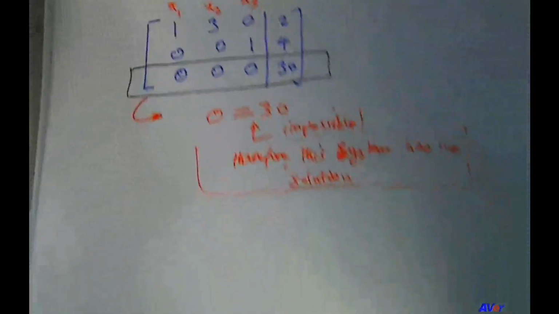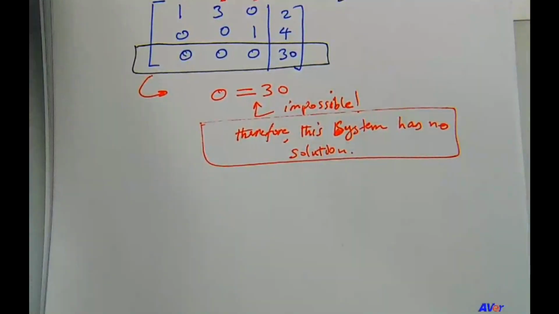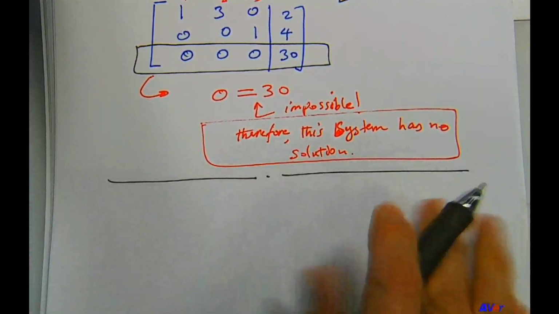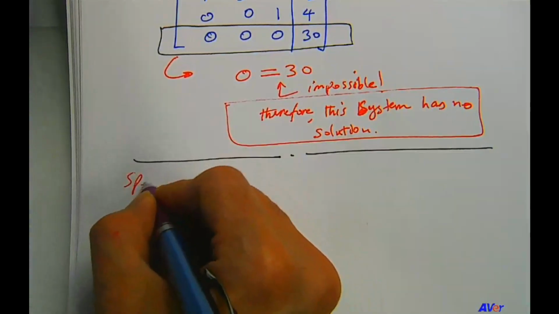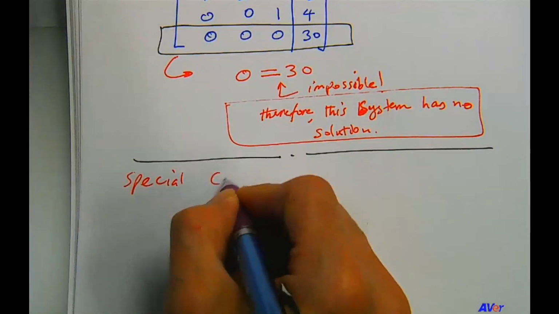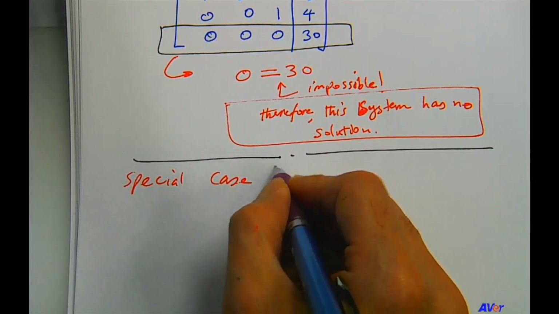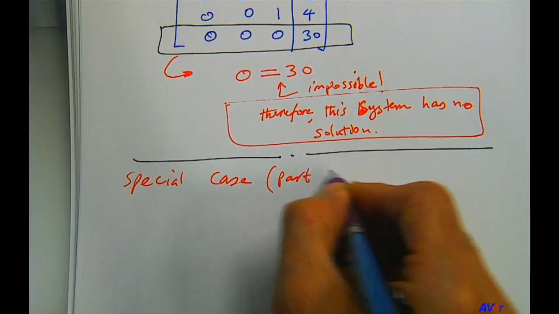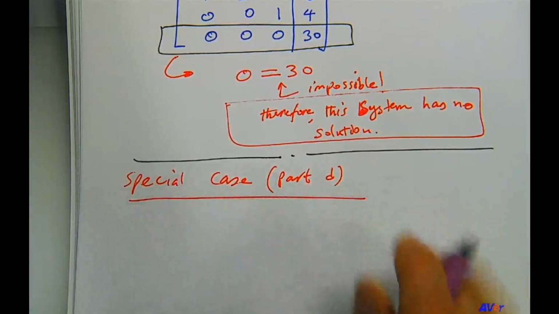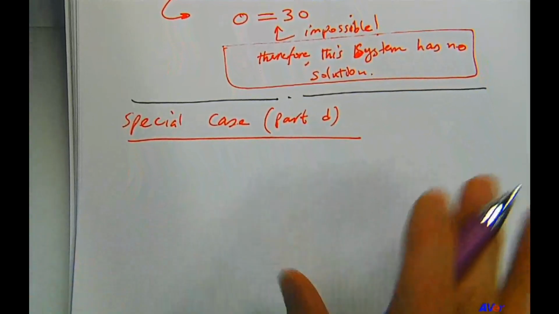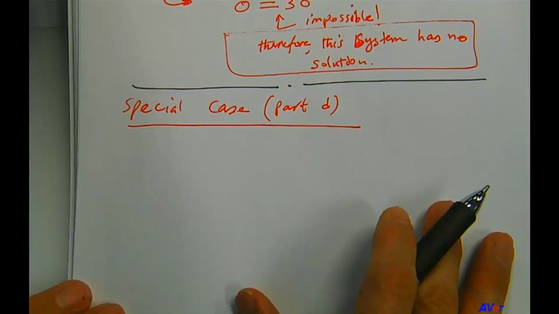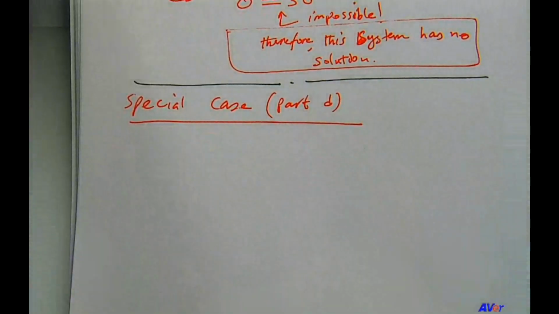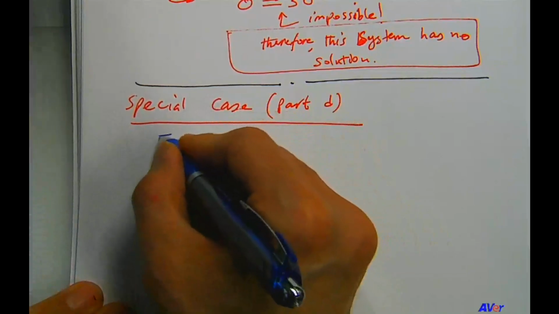Okay, let's look at another special case, and we'll call this special case part D. Suppose we did the Gauss-Jordan method and we ended up with a reduced row echelon matrix like this.